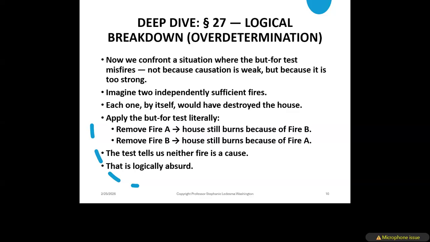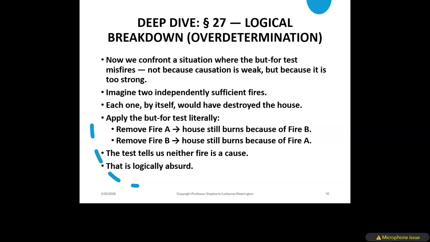It's logically absurd because both fires clearly contributed to the destruction of the property. The problem here, however, is conceptual. The but-for test is designed to detect necessary conditions. But when multiple sufficient causes exist, neither cause is strictly necessary, even though each is fully causally linked.